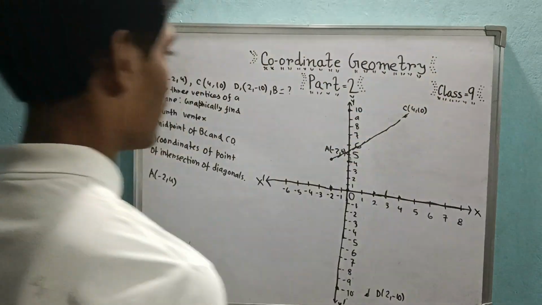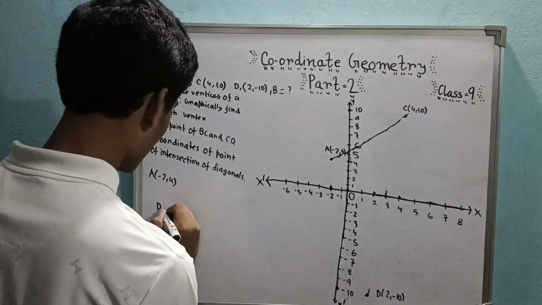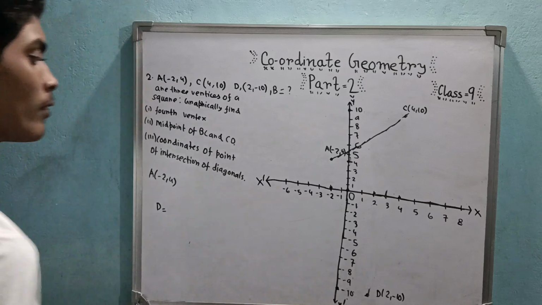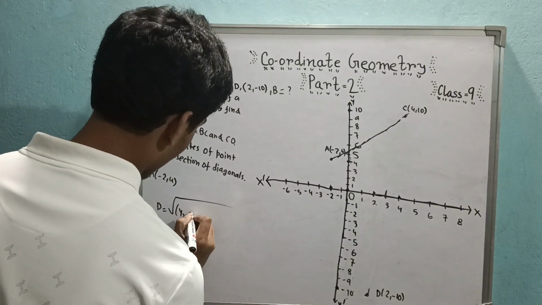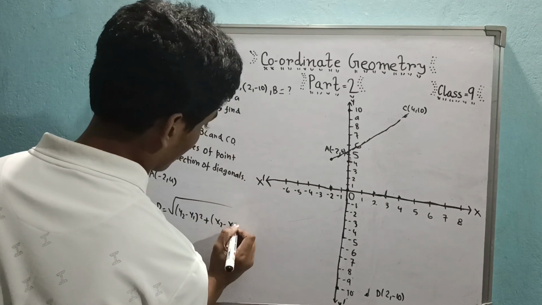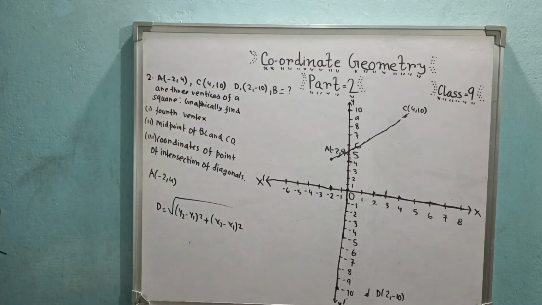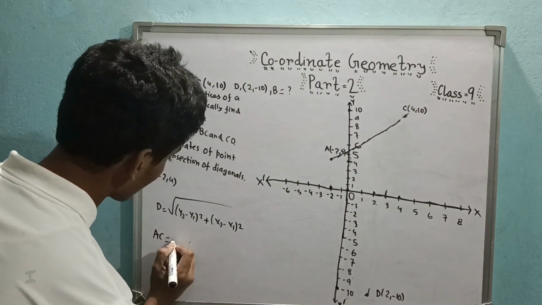Distance formula, guys. What is it? The distance formula for 2 points x1 y1 and x2 y2 is the root of (y2 minus y1) square plus (x2 minus x1) square. So what will be the distance of AC?